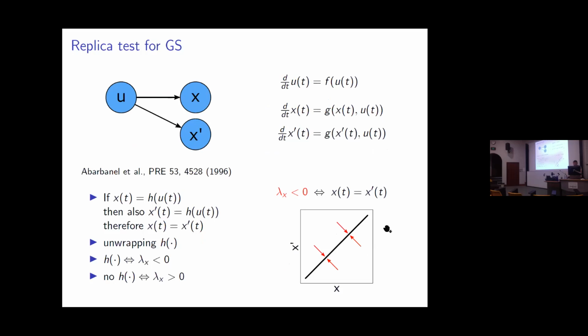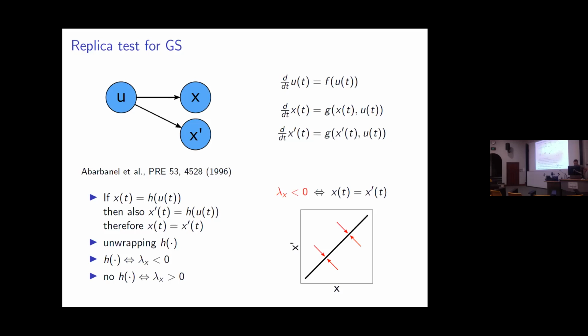And this can be unwrapped by this replica experiment. You just provide a copy of the system, and when there's a functional relationship between U and X, you expect the same relationship between U and X prime, and you can then measure the same thing by means of a linear relationship.